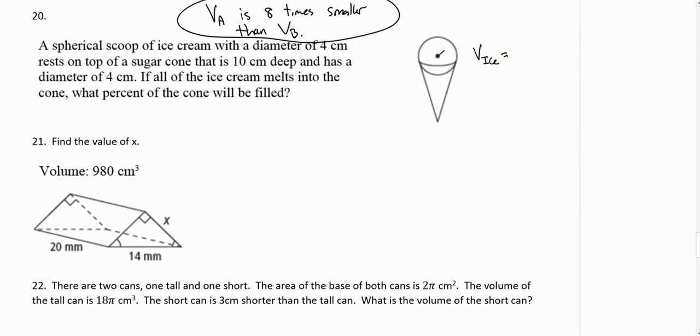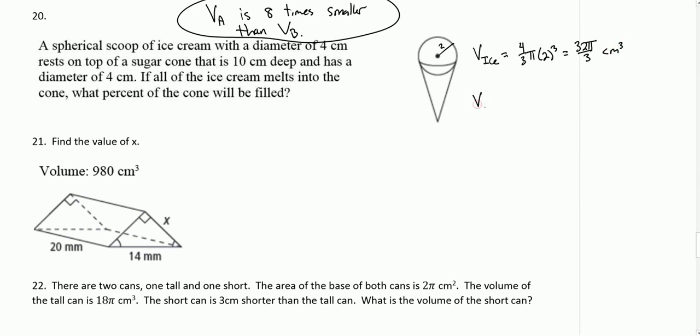It's got a radius of 2 since the diameter is 4, and so you have 4/3 pi times the radius cubed, which comes out to be 32 pi over 3 cubic centimeters.